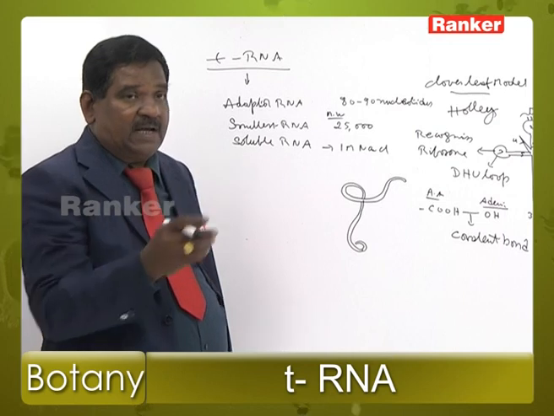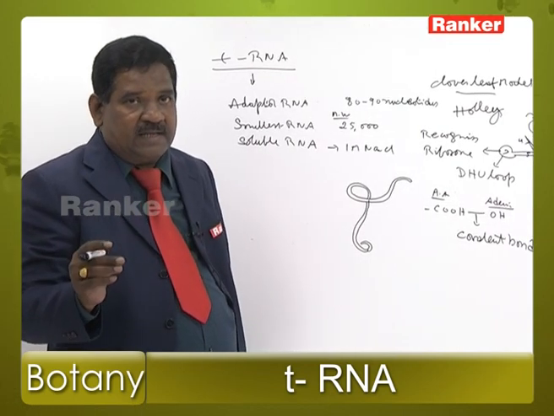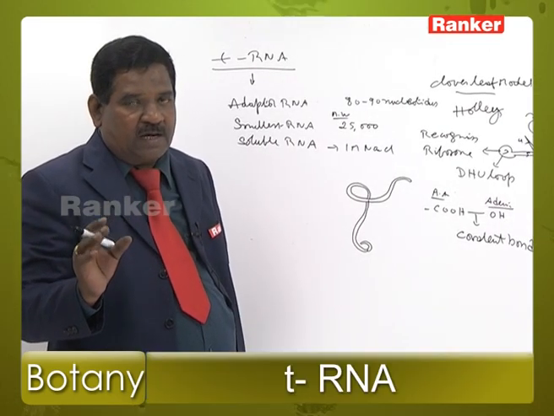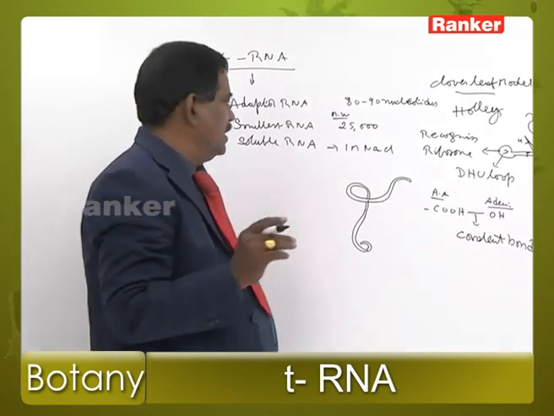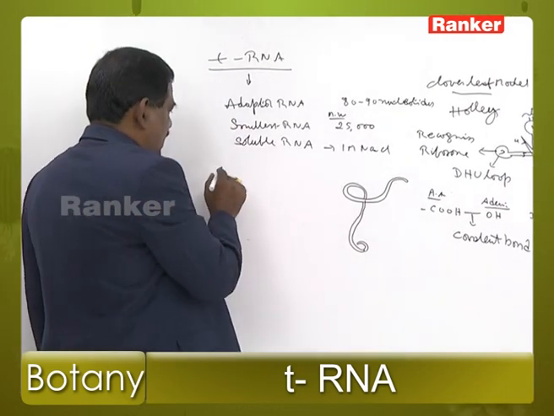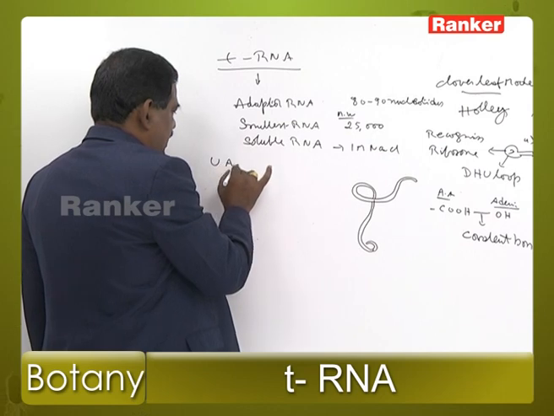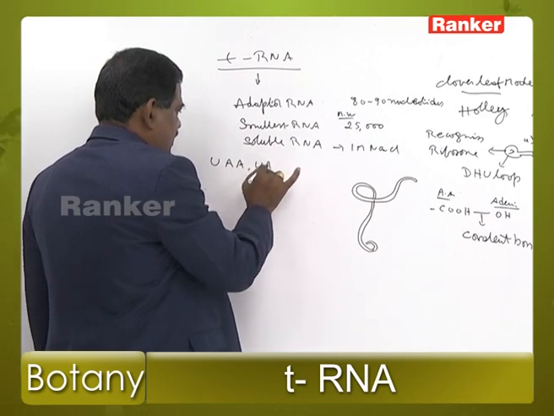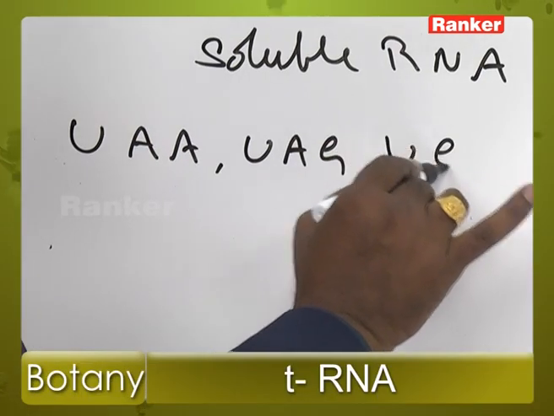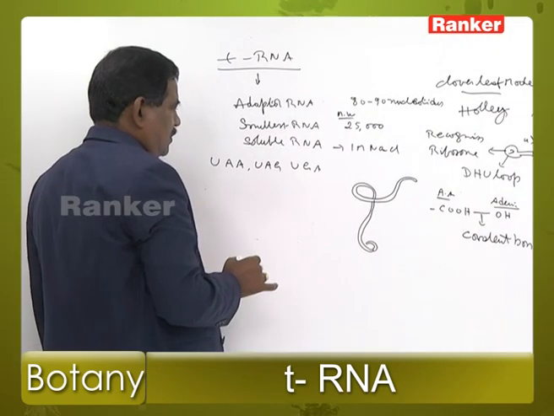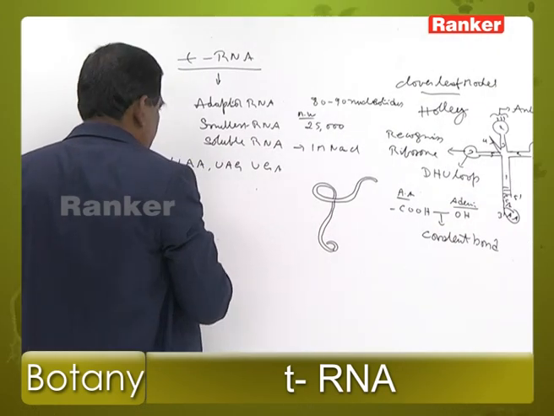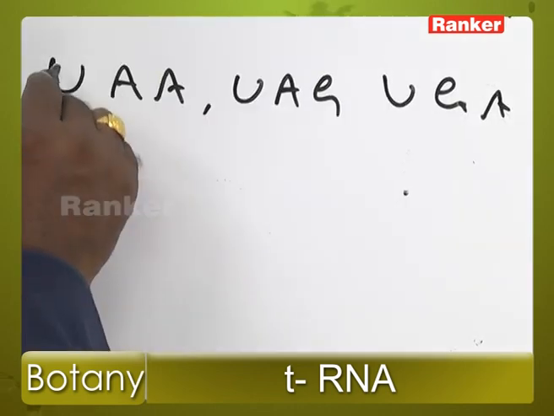So some types of t-RNAs are not present in the cytoplasm or cytosol. For example, the nonsense codons UAA, UAG, UGA. These are the nonsense codons.